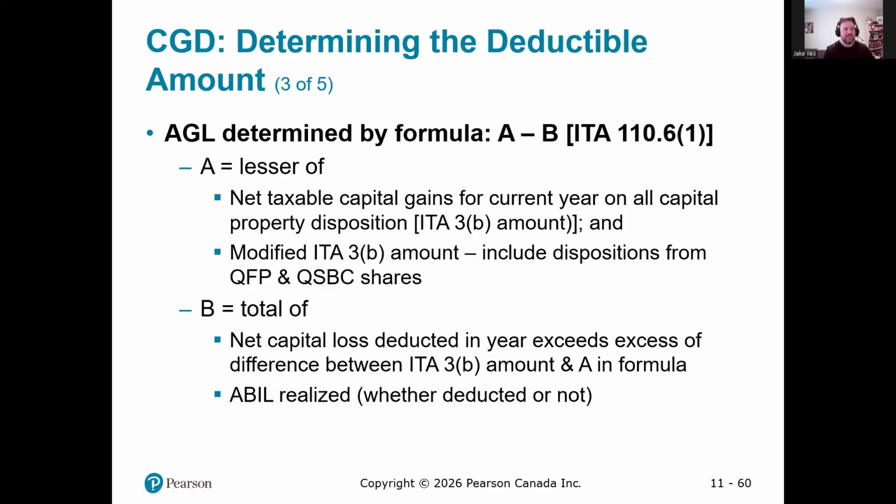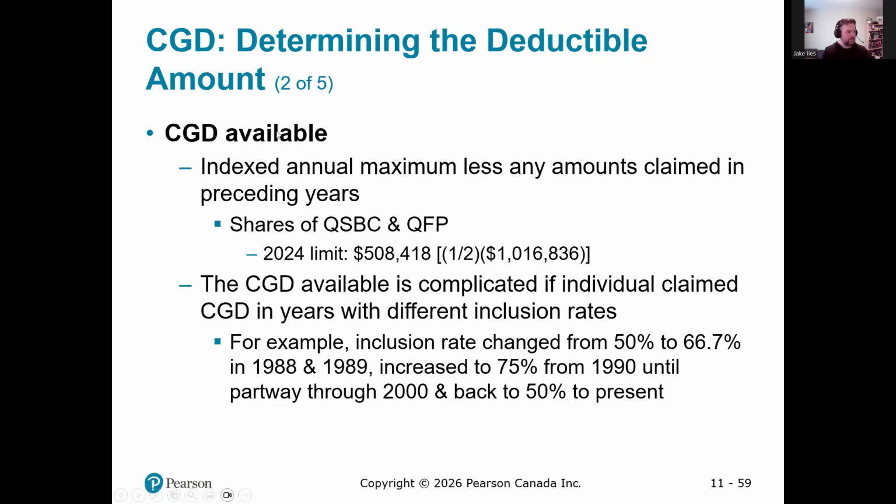I said in a previous video that the ABIL and the capital gains deductions are two sides of the same coin. So if I used some allowable business investment loss, it also reduces how much capital gain deduction I am allowed. So if I have some ABIL this year, that's going to reduce how much of my deduction amount I can use this year due to my annual gain limit.